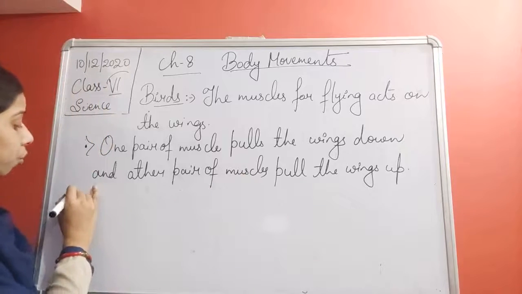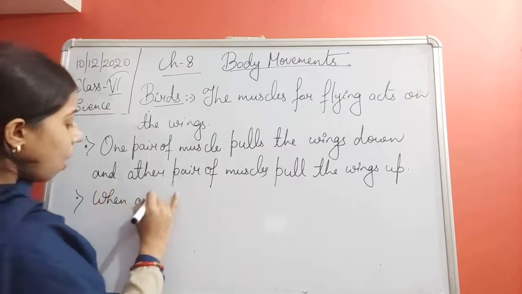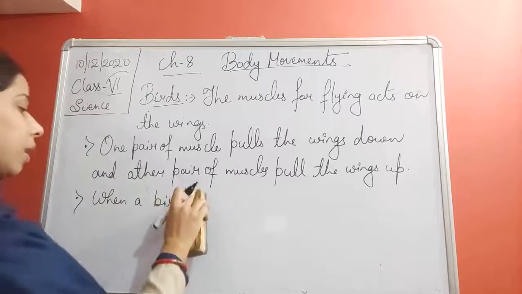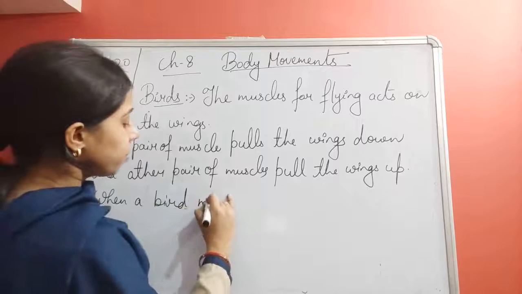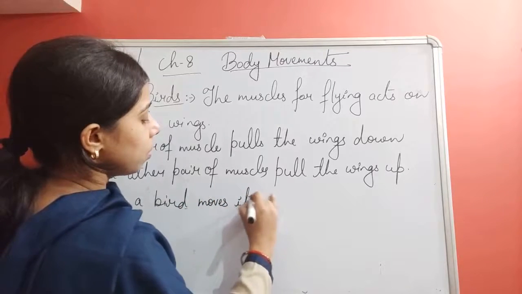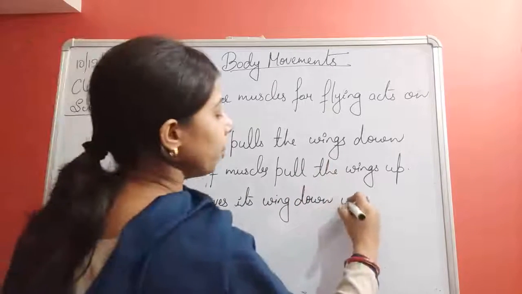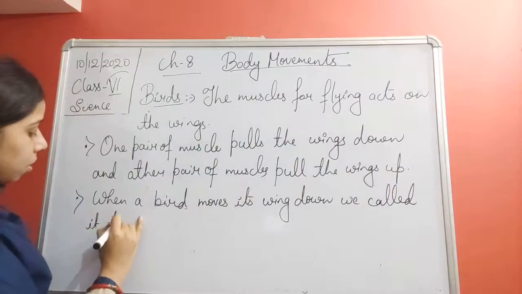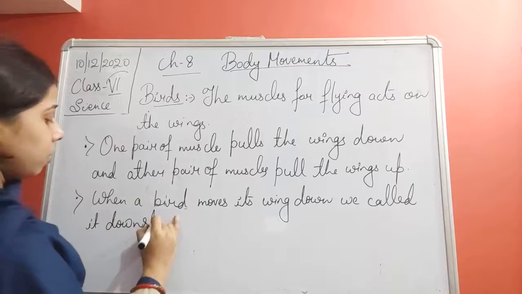Now when the wings move down, that is called downstroke. So we can write it: when a bird moves its wing down, we call it downstroke.